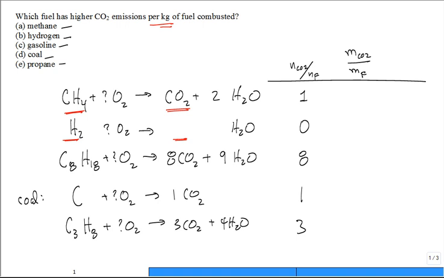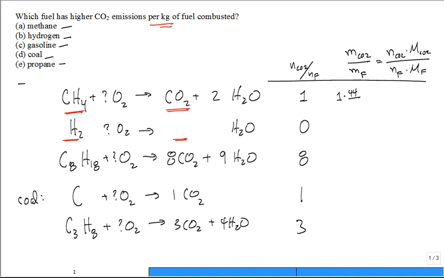How do I move between the two? Is this equal to the number of moles of CO2 times the molar mass of CO2, over the number of moles of fuel times the molar mass of the fuel? So really I take that ratio, which I just computed, multiplied by the molar mass of CO2, 12 plus 16 plus 16, 44. And then I have to look up the molar mass of each of the fuels.